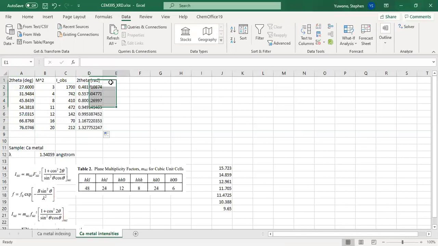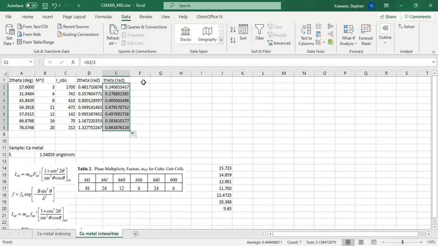Here we also have theta, which is also needed in radians. Let's calculate that, which is just 2 theta divided by 2. Now we have these two numbers, and we can calculate all the formulas that we need.